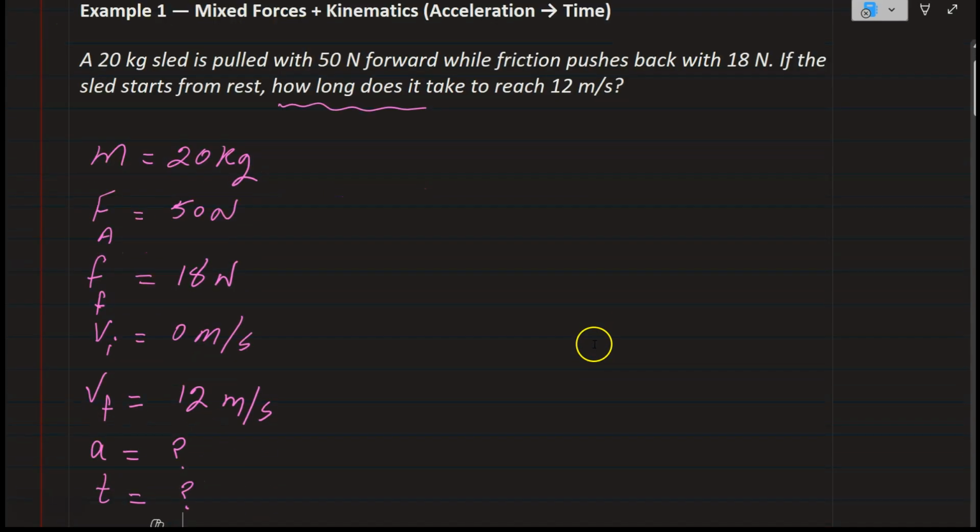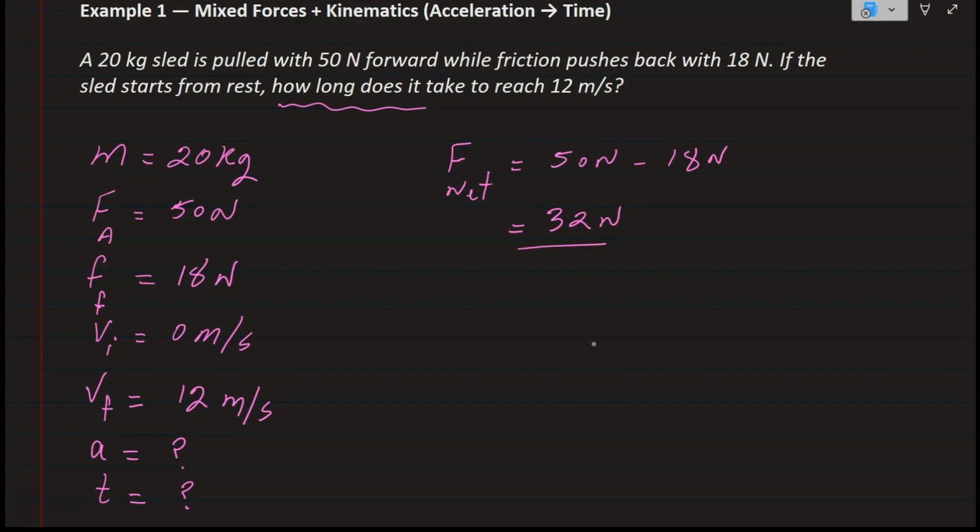First of all, what is the net force? Well, the net force is 50 Newton applied, subtract away the friction that's pushing it back. So the net force will be 32 Newton. That's your F net. Once we get that, we can use Newton's second law.